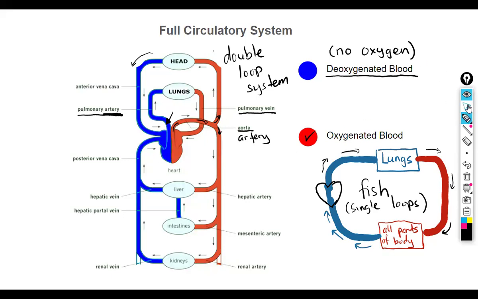I should probably put a note here. Let me put a little note on the side here. An artery: blood leaves or flows away from the heart.